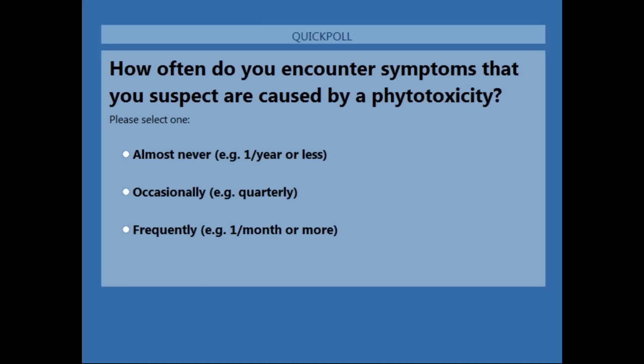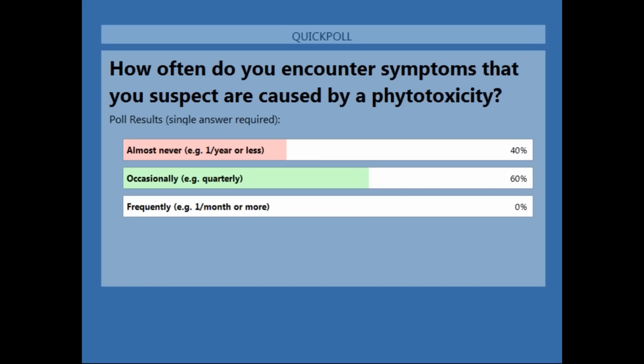A couple more seconds to go, and we'll close it off and see how we went. Okay, might close it and share the results. So most of you haven't seen much of phytotoxicity, but some do see it occasionally. So yeah, it's very interesting. Okay, I'll just hide that. Thank you, John.